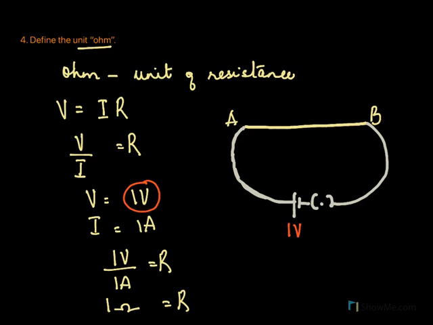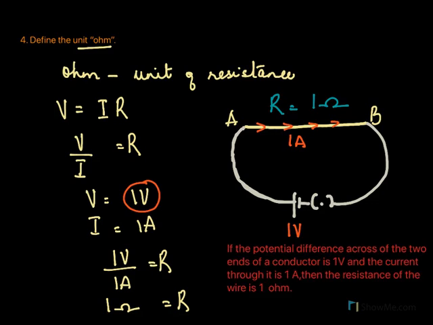When I apply a potential of 1 volt, immediately a current of 1 ampere begins to flow through the wire. Then I can say that the resistance of this wire is 1 ohm. So we could define 1 ohm: if the potential difference across the two ends of the conductor is 1 volt and the current is 1 ampere, the resistance is said to be 1 ohm.